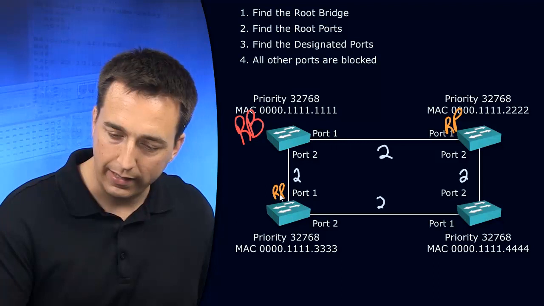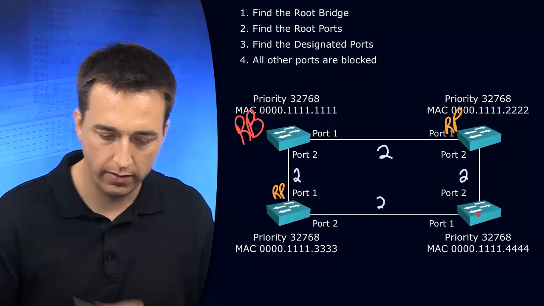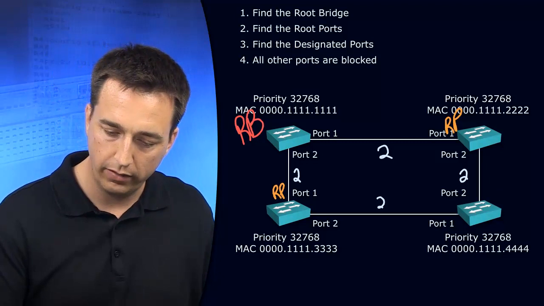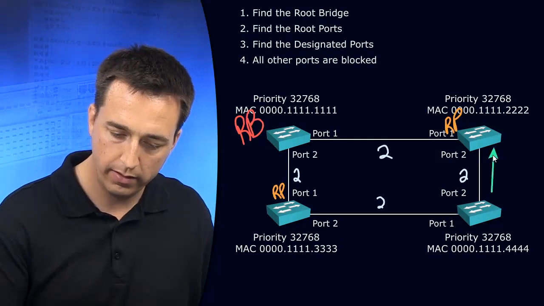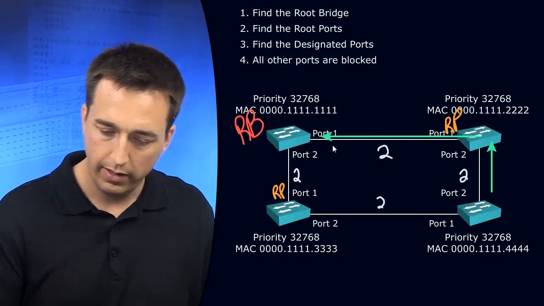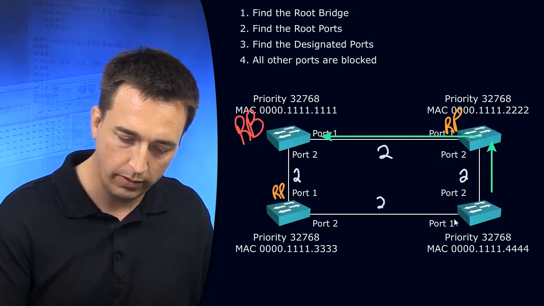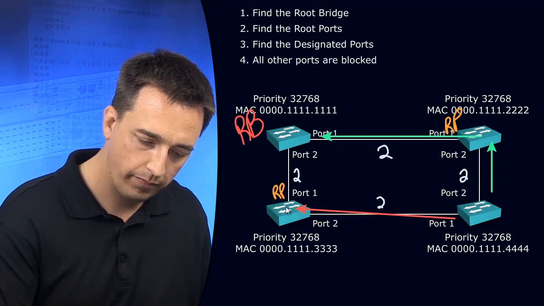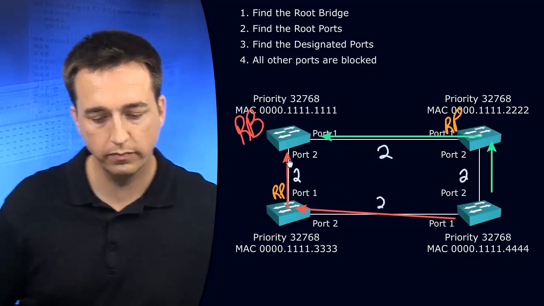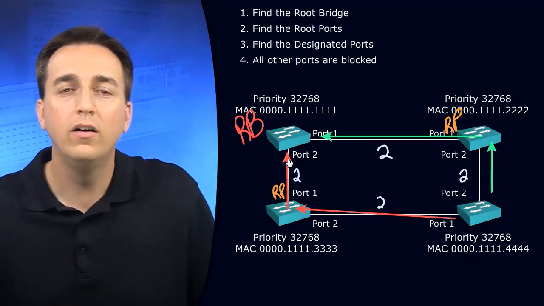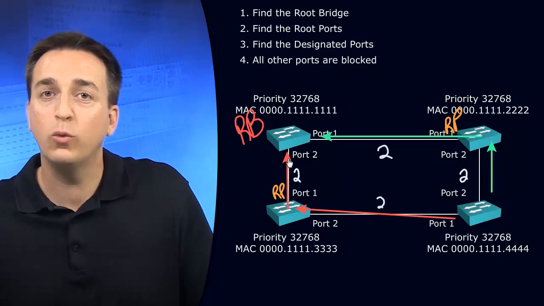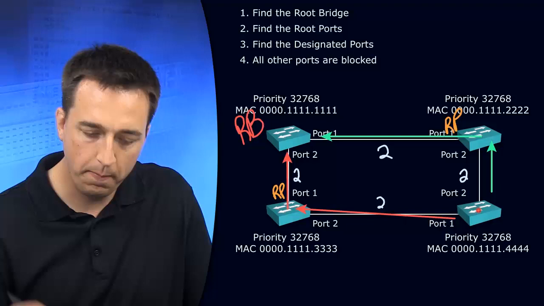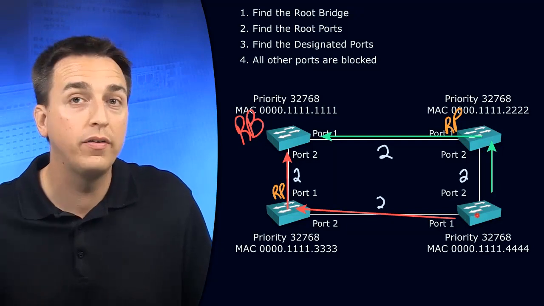And what about our last switch right here? Let's examine this. Let's take the green path this way, and let's analyze the red path this way. Folks, which path is quicker? The path through port 1 or the path through port 2?